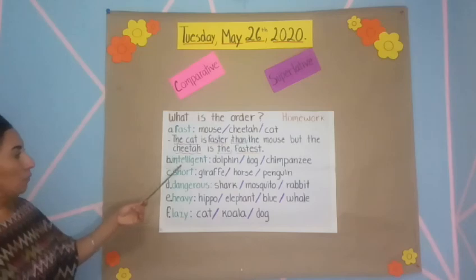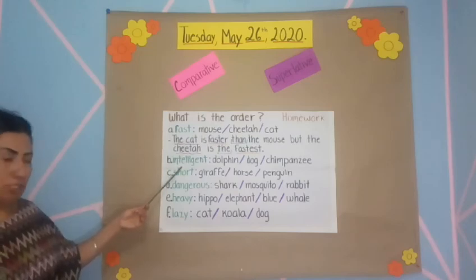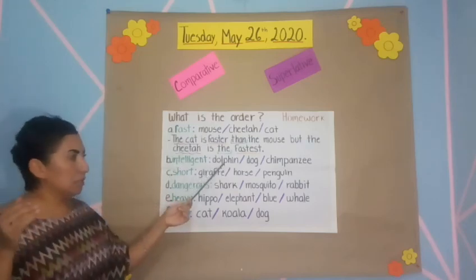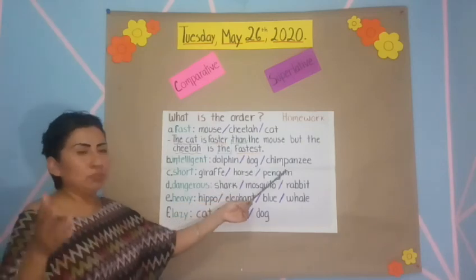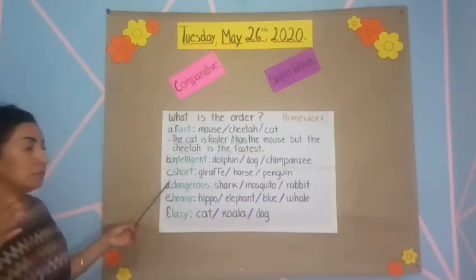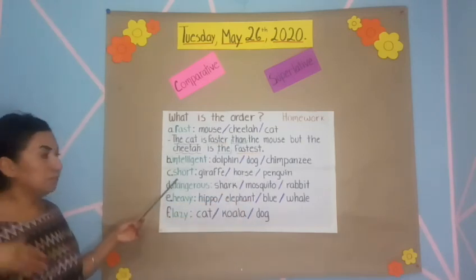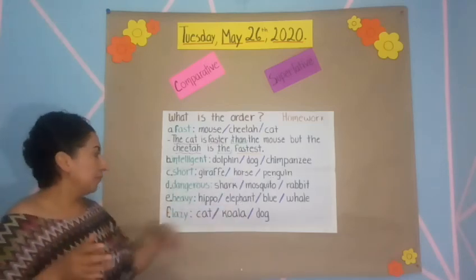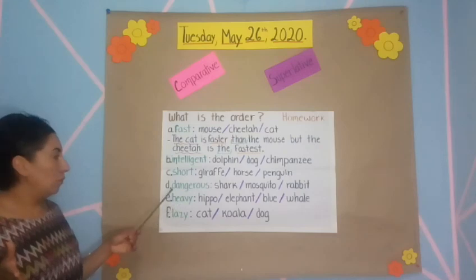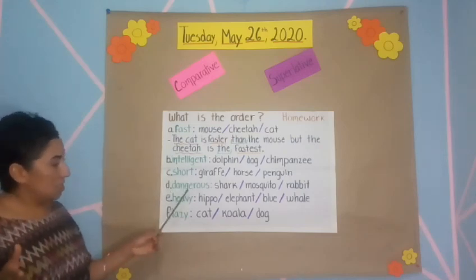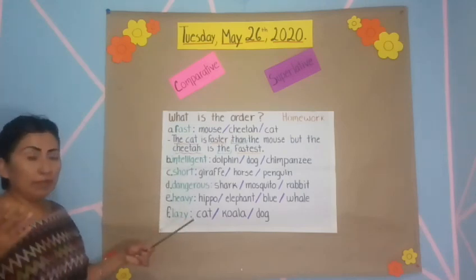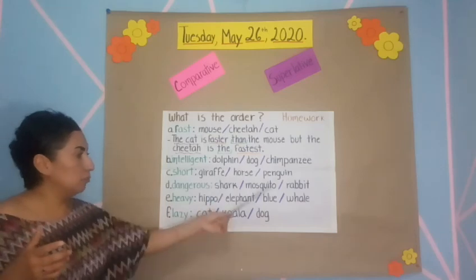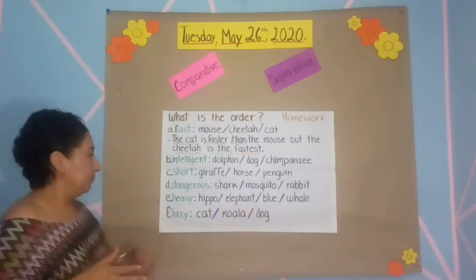Letter B. We have the adjective intelligent. We have the nouns dolphin, dog, and chimpanzee. Letter C. We have the adjective short, and giraffe, horse, and penguin. Letter D. We have the adjective dangerous, and we have the nouns shark, mosquito, rabbit.